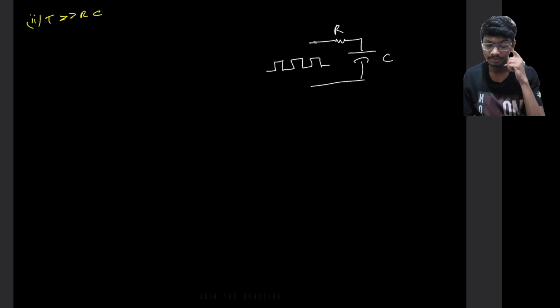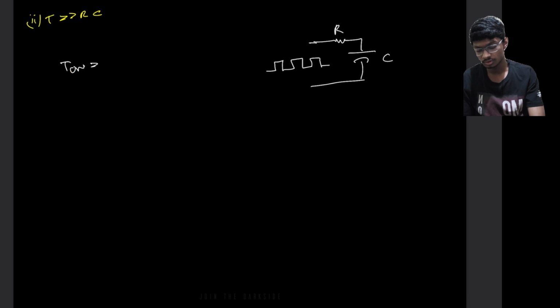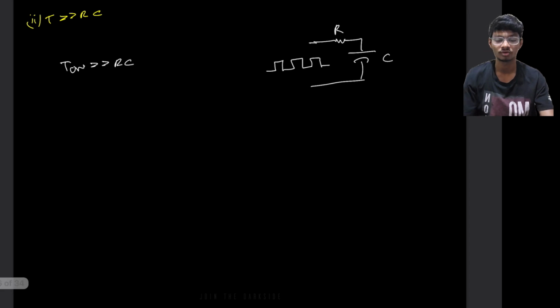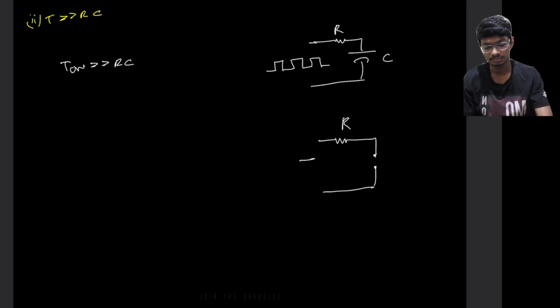As T is much greater, T on will also be much greater than RC, so it gets enough time to charge. At steady state the cap will basically act as an open circuit, and with the applied voltage of 10 volts, this will just see a step function, hence the whole 10 volts will come across it.